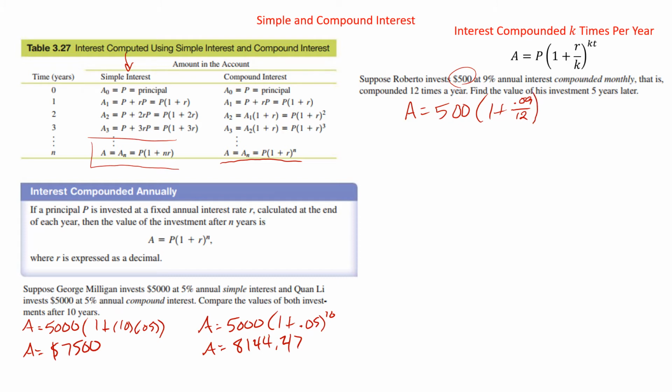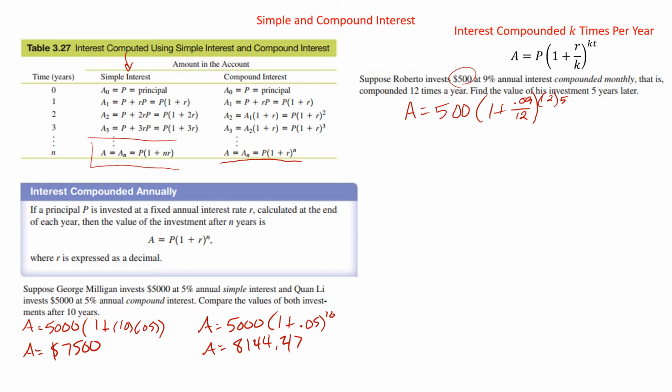And then to the 12 times 5, because now we're counting every month and not every year. We need 12 times 5 so we have the right number of time intervals.